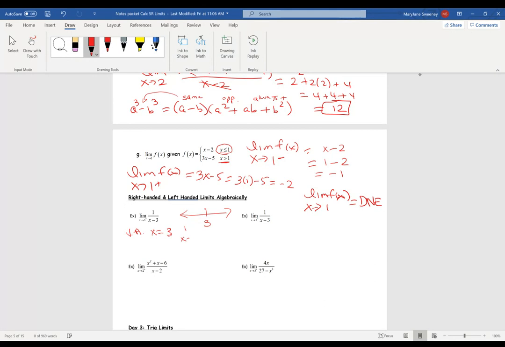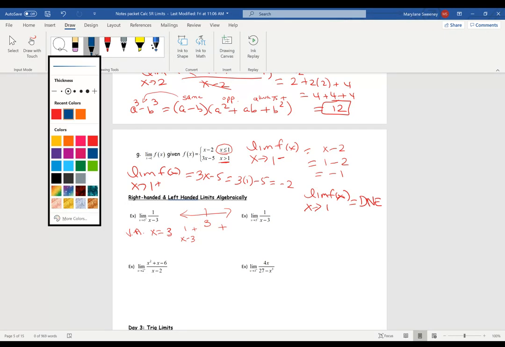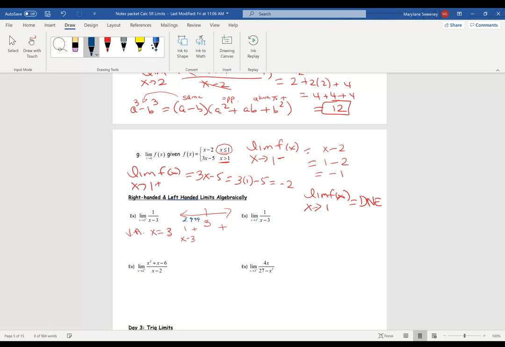1 over x minus 3. So let's see, 1 is always positive. For x minus 3, I want to think of plugging in something just to the left of 3. So let's say 2.999. If I plug 2.999 in down here, is that going to be positive or negative?